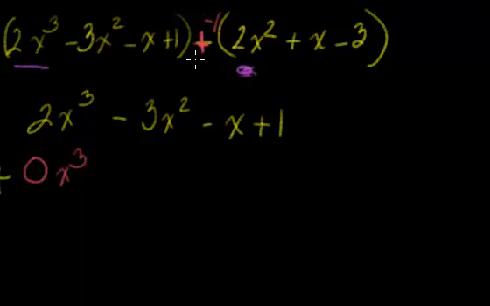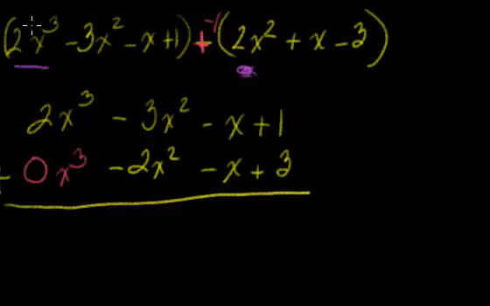And then negative 1 times 2x is negative 2x squared. Negative 1 times x is negative x. And then negative 1 times negative 3 is positive 3. So that's using your rules of same, change, and it's also using your negative rules, your negative times positive rules.